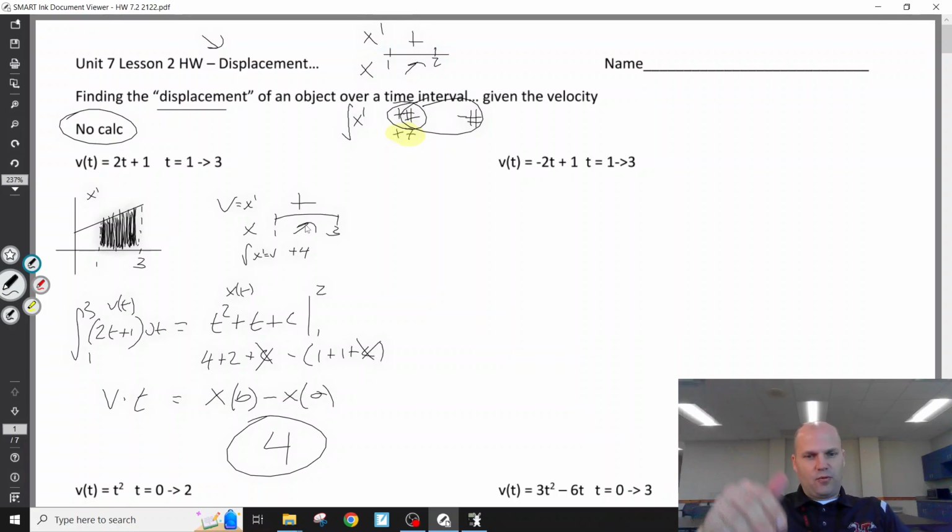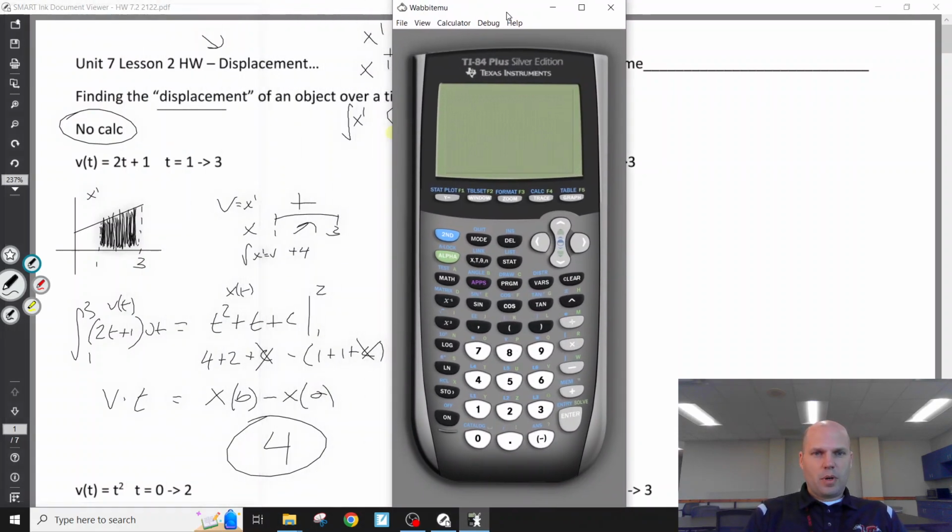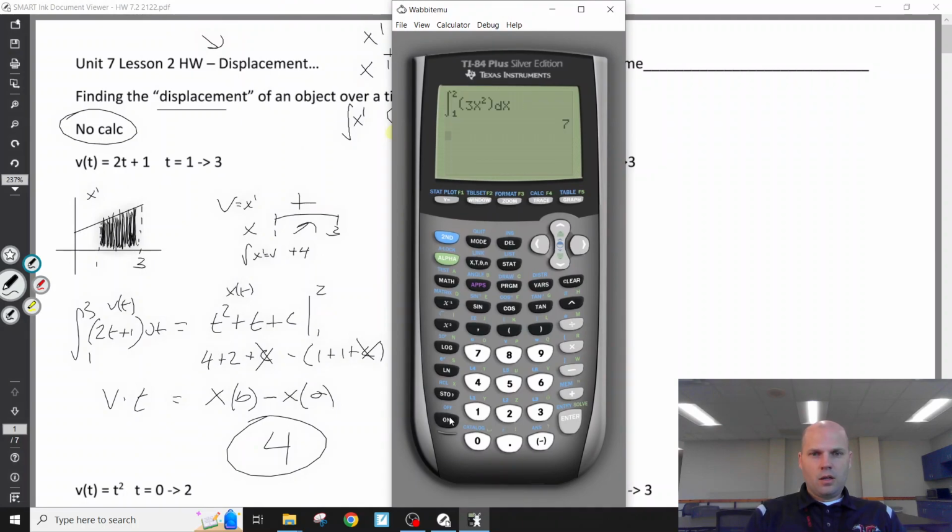F goes up 4. You can always check your answers while you're doing your homework by breaking out Mr. Calculator, by either graphing or math 9ing.